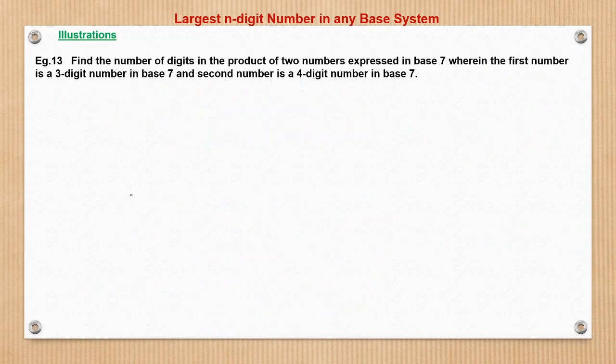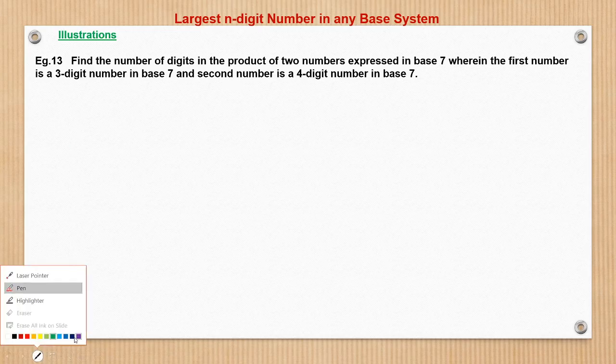Now the next question: find the number of digits in the product of two numbers expressed in base 7, wherein the first number is a 3-digit number in base 7 and the second number is a 4-digit number in base 7. Right. So let us see this. Let the numbers be x and y.